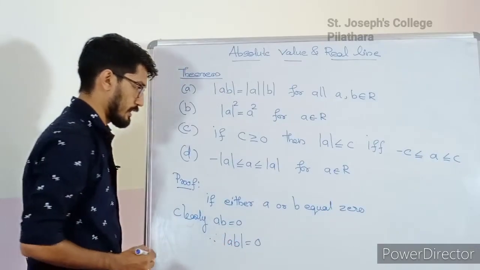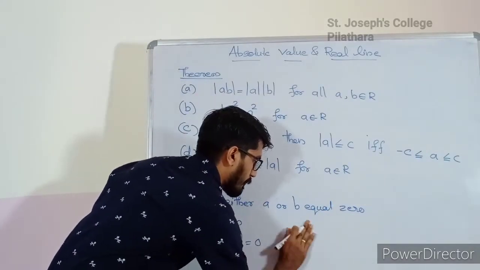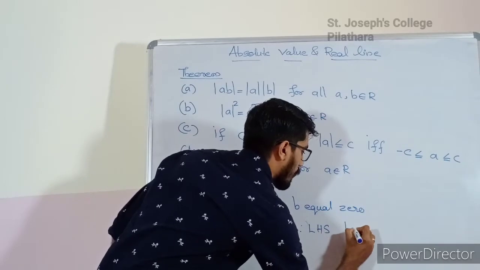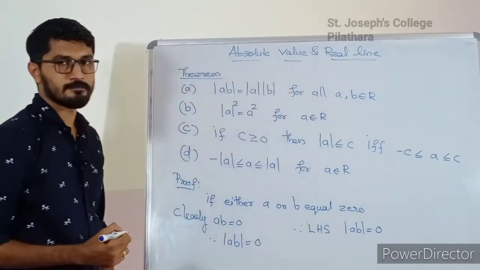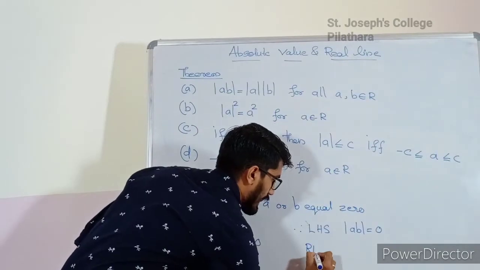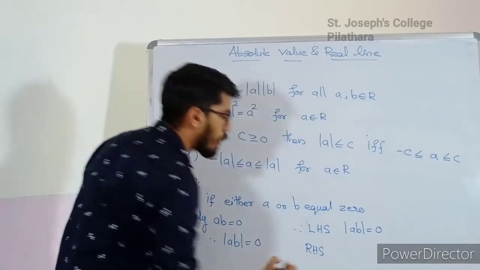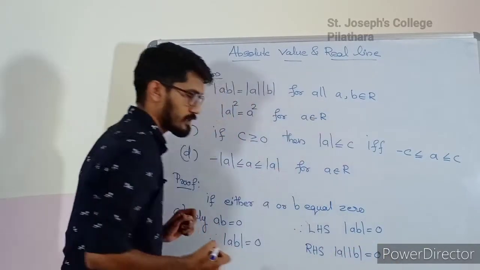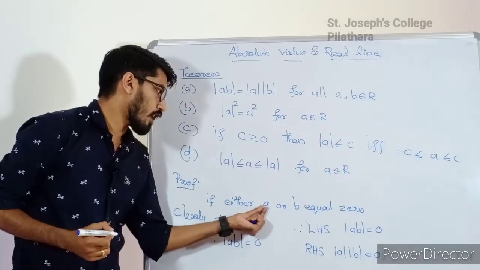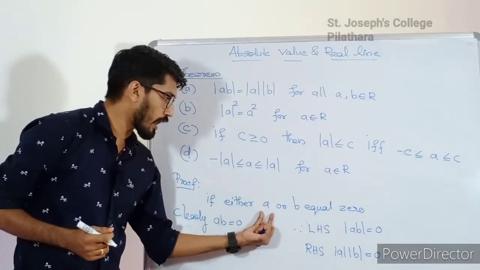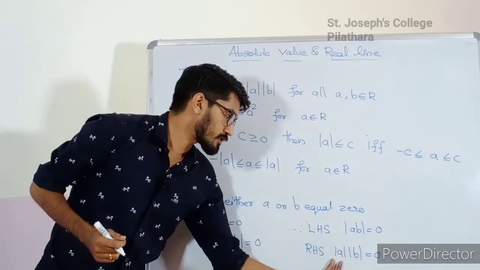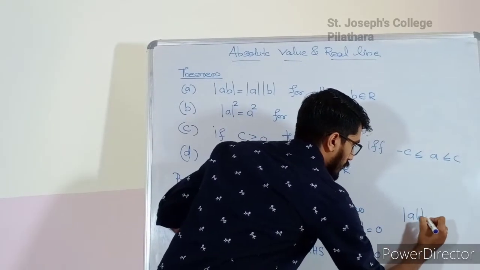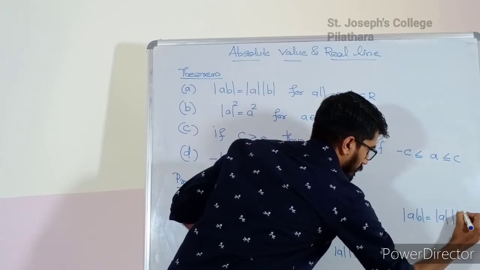Therefore, LHS mod AB is equal to 0. RHS, right hand side, mod A into mod B equal to 0. That means if either A or B equal to 0, then either mod A or mod B equal to 0. Therefore, the product of mod A into mod B equal to 0. Therefore, we can conclude that mod AB equal to mod A into mod B.